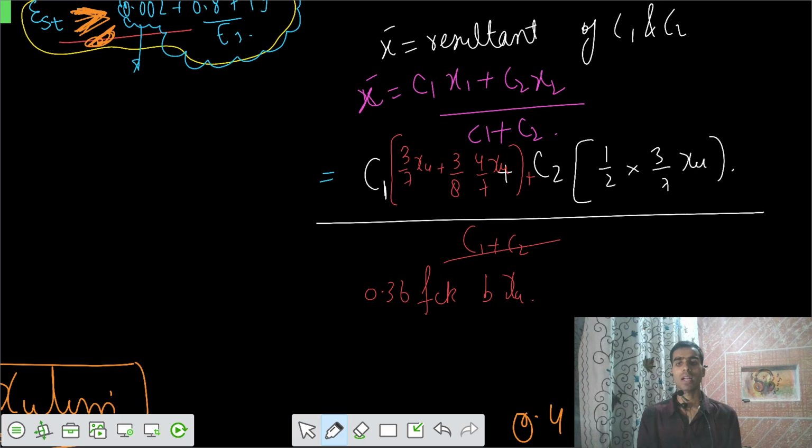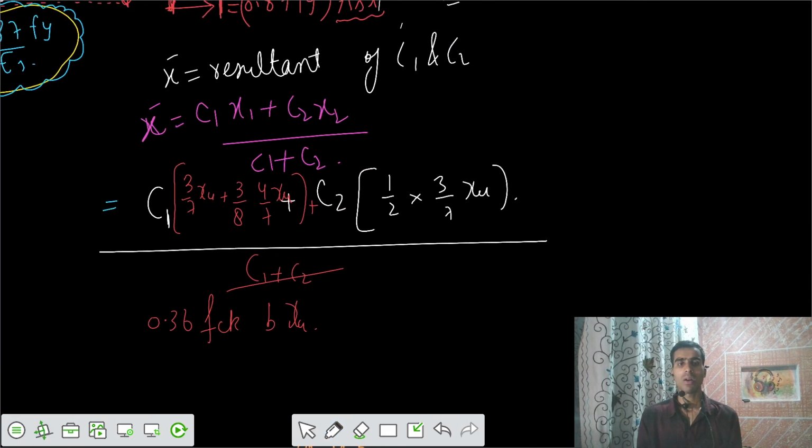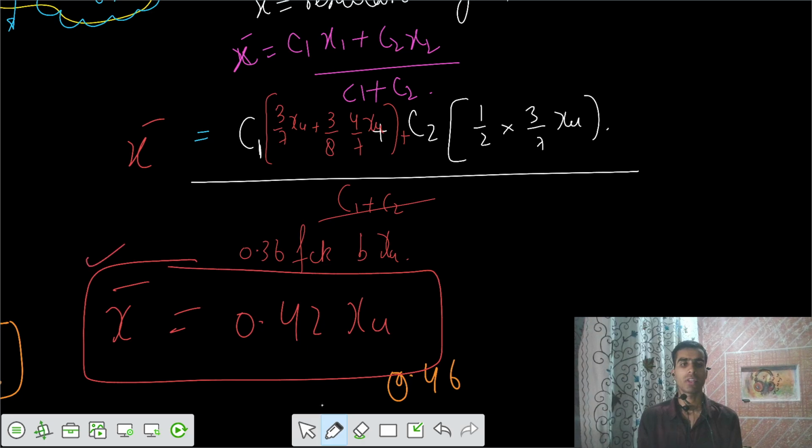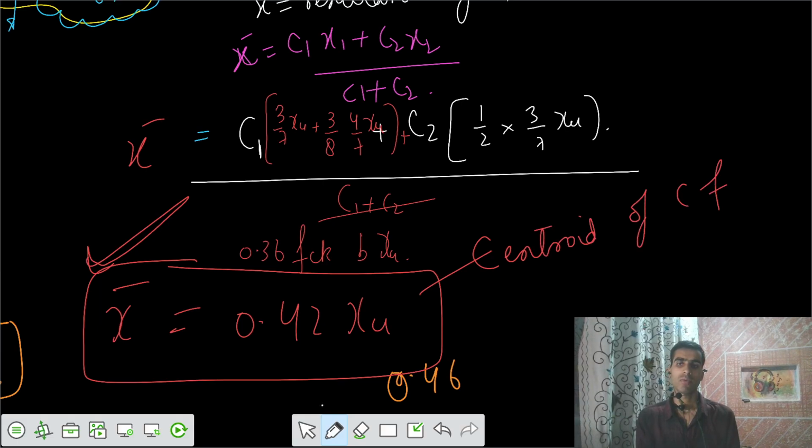And finally you would get the value of that x bar. The resultant value would be at 0.42 xu. So this is the equation we have, the centroid of the C force from the top.